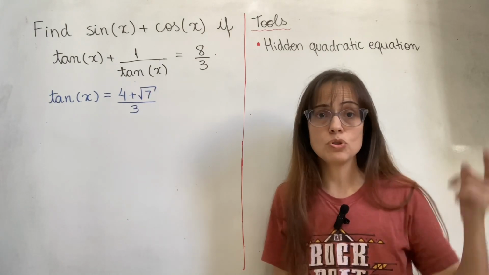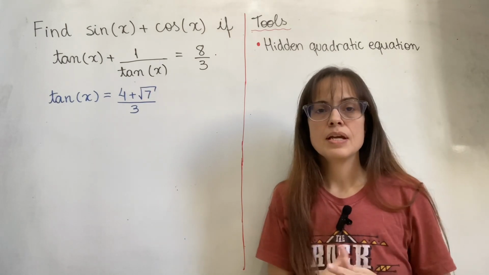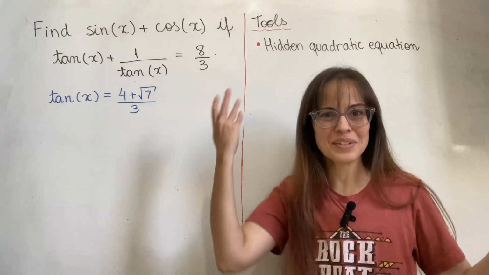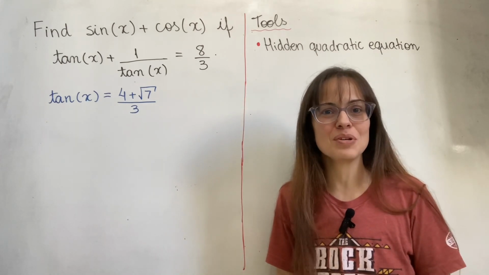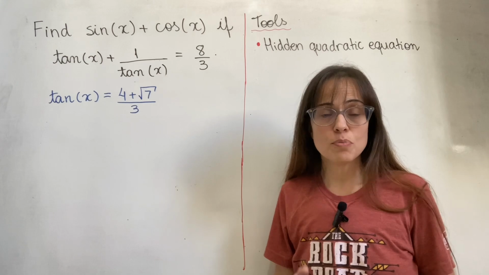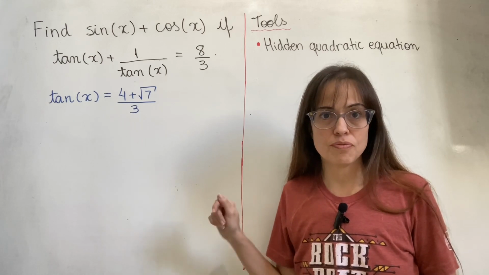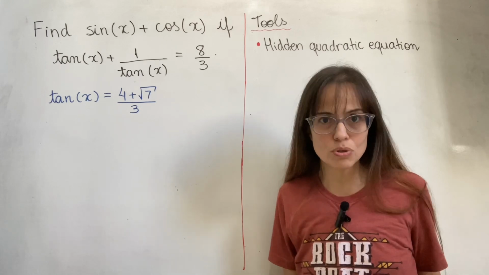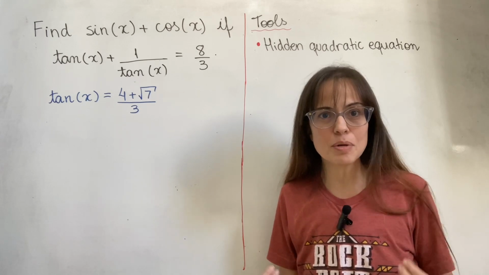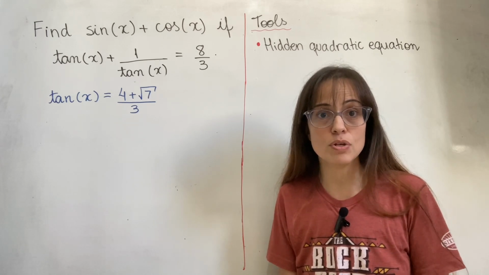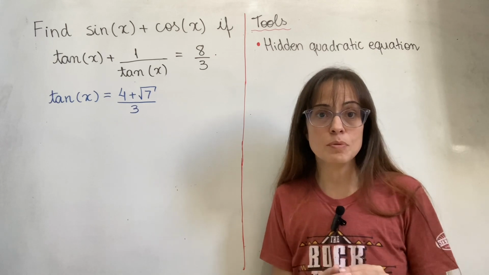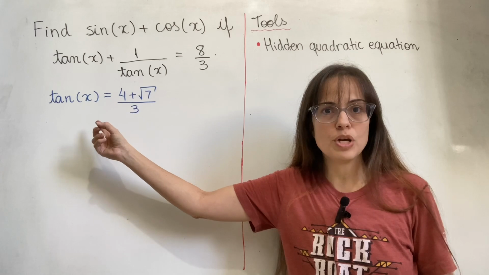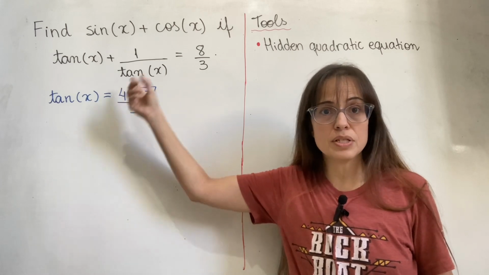Now, the second tool that I'm going to put on the list is one that is probably a lot less obvious than hidden quadratic equations, which is something that we see every day. So it is possible that you're going to see this next one for the first time now. But if that's the case, try to put it into your toolbox because it comes up over and over again and it's very useful. It's a simple trick for when you know one trigonometric ratio and you want another one.